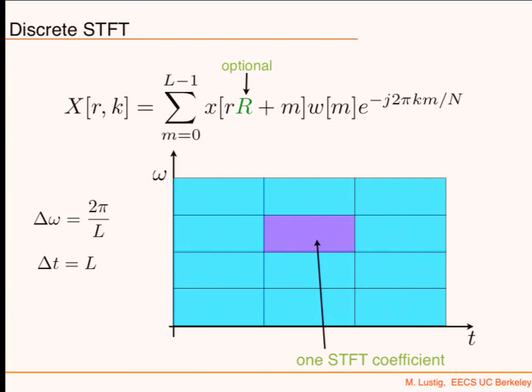So each DFT coefficient now is more localized in time. Each short-time Fourier transform is more localized in time. But now it has worse resolution in frequency. So I've broken it into smaller pieces, have worse resolution in frequency, better resolution in time.